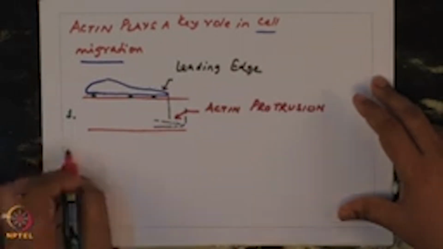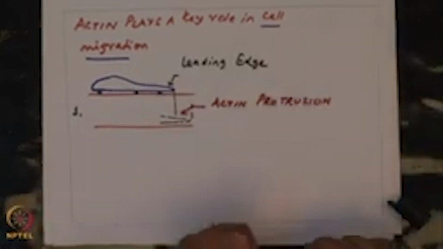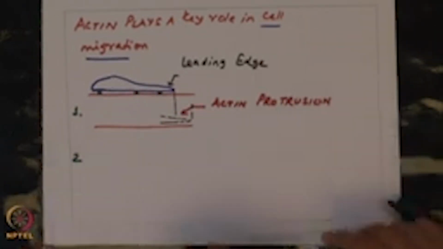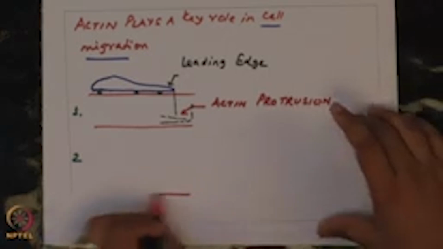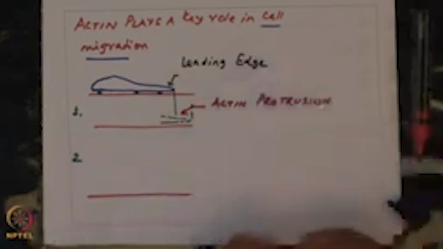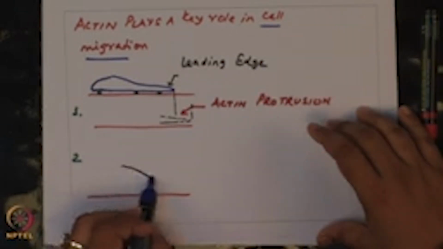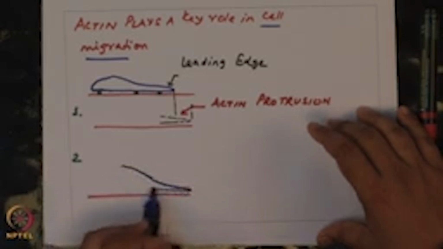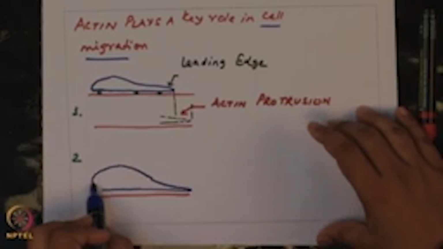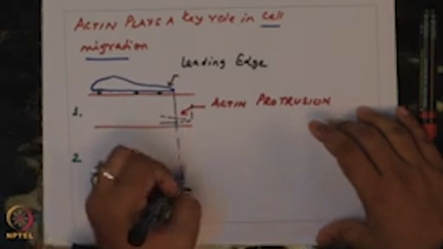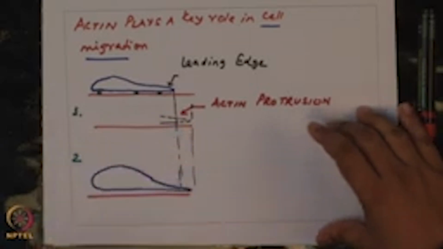In the second step, what you see is the formation, so for the second step, I have to draw the entire cell. Once again, this is your protrusion.